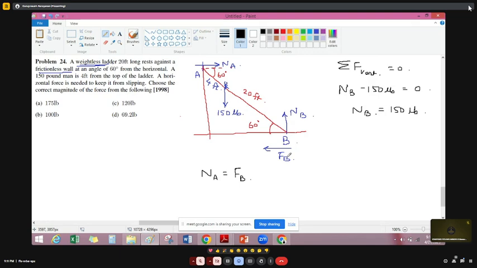So I can take moments about this point, either A or B. If I take moments about A, I have to deal with 3 forces and multiply by the distances. If I take moments about B, then these two will cancel, and I have to deal with only 2 forces, which means taking moments about B will be faster.